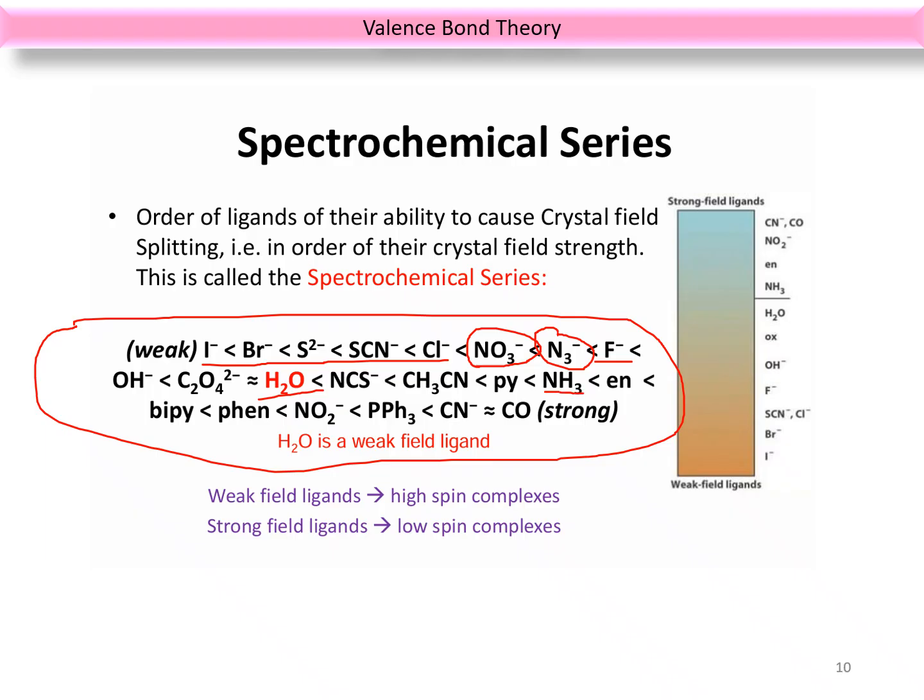Ammonia is weaker than ethylenediamine because ammonia is a monodentate, while ethylenediamine, en, is a bidentate. A chelate is a stronger ligand. The higher the denticity of a chelate, the stronger the ligand.